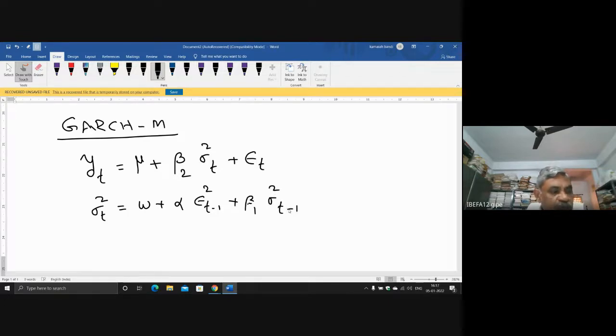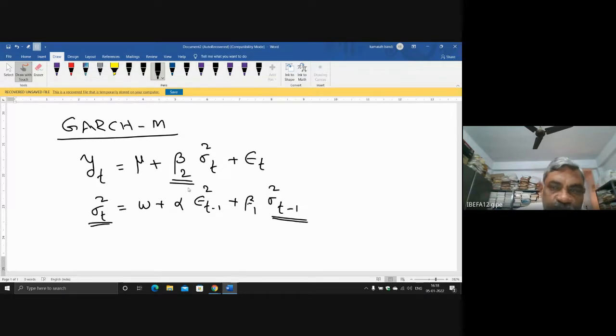Look at this a bit carefully. Here, the impact of the previous volatility on the current volatility is given by beta 1. Whereas beta 2 tells you that if current volatility is high, then the return should also be high.